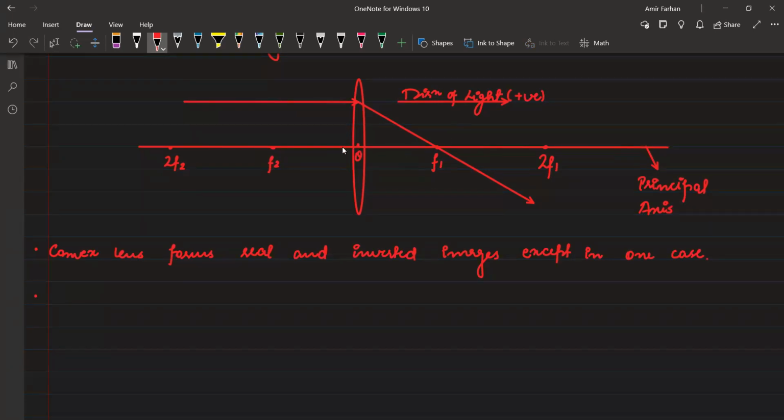This F1 is called the primary focus, because the light ray is going in the rightward direction and is getting refracted at the primary focus.